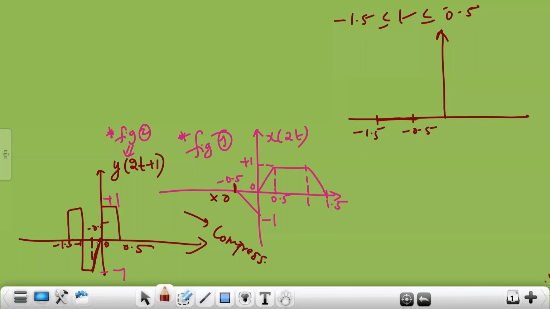Lavanya, what is the equation for ramp? Sir, y is equal to mx plus c. The ramp equation is r of t equal to t. You have to revise this, because r of t is equal to t.